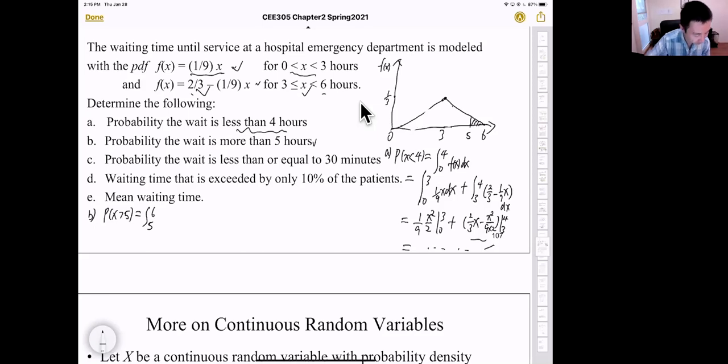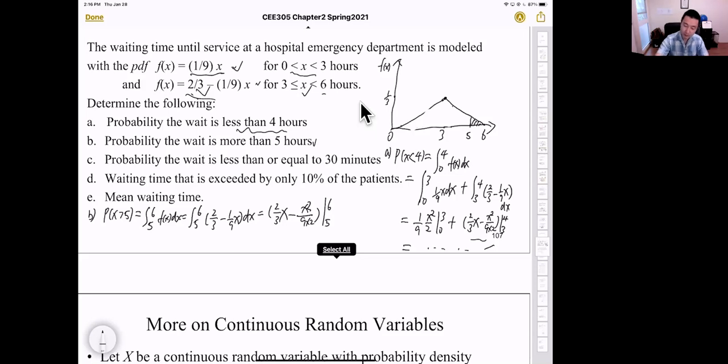Don't get the wrong f(x). That f(x) will be this: 2/3 minus 1/9 x dx, between 5 and 6. That's B.